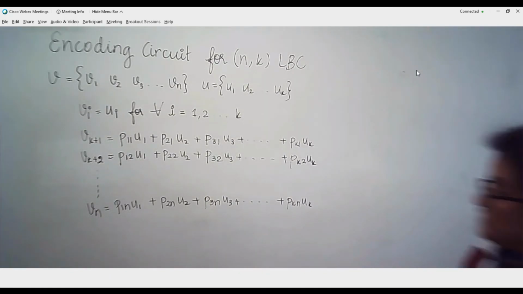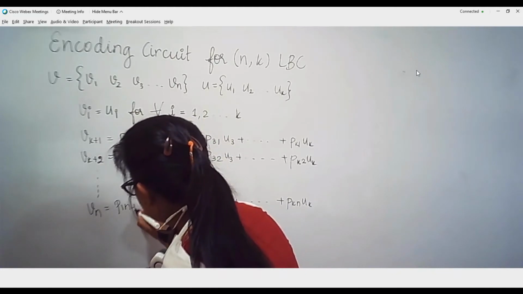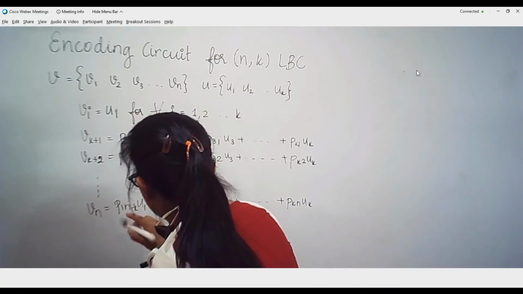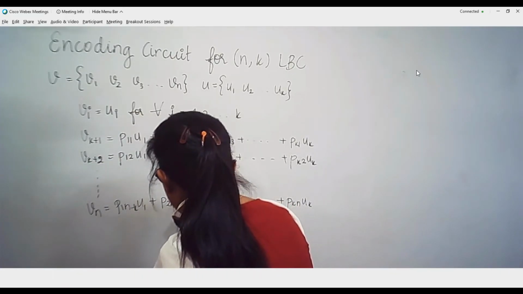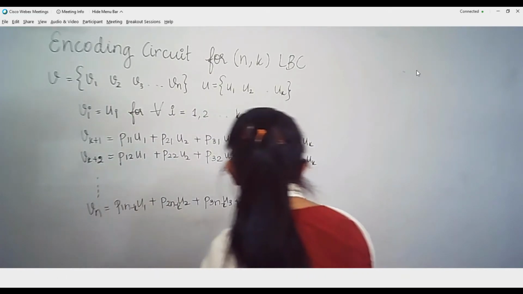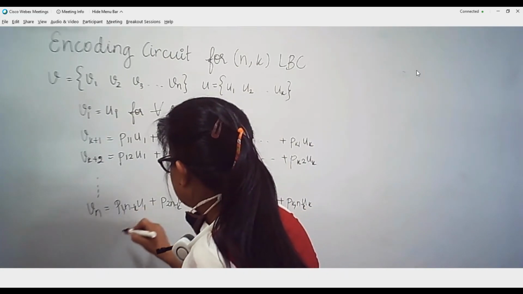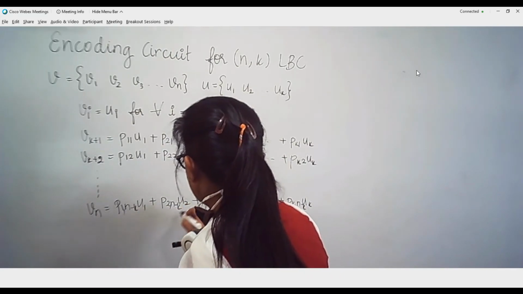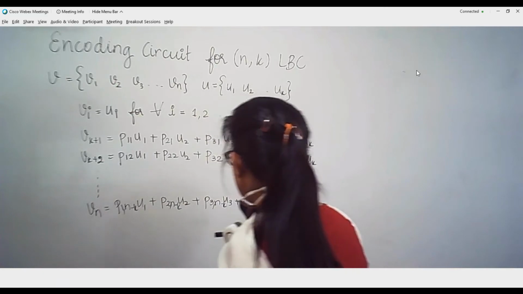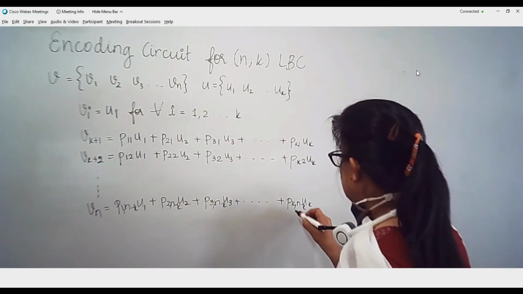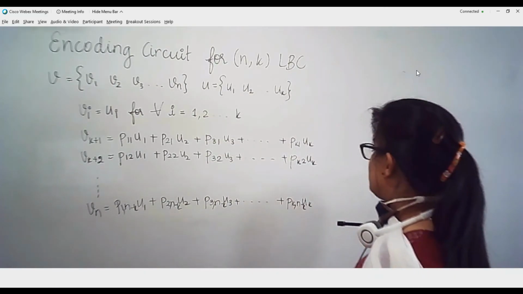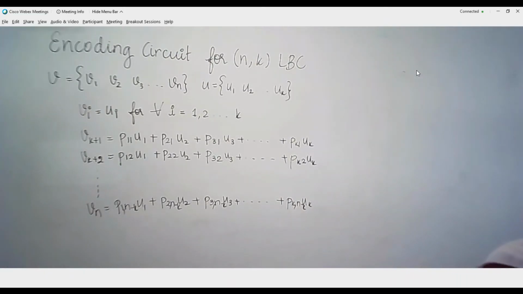Oh, sorry, this is not n, this is n minus k, because the parity bits would be only n minus k. Sorry about that. So it is P1 comma n minus k into U1, P2 comma n minus k into U2, P3 comma n minus k into U3, and the last one would be Pk comma n minus k into Uk.